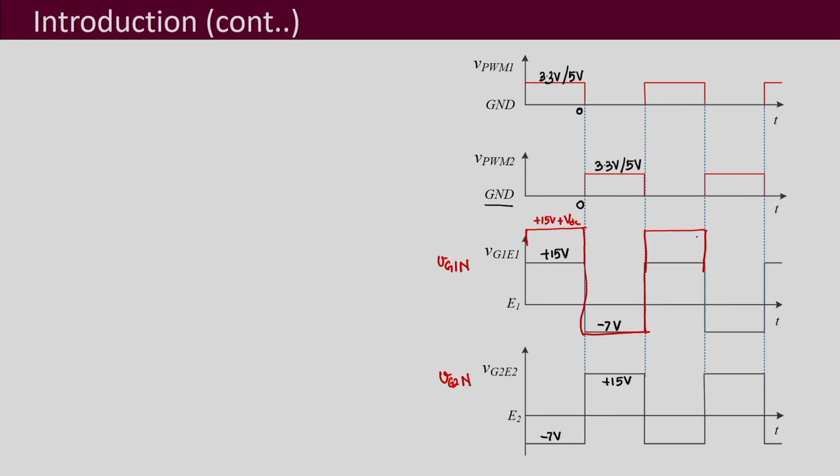So, if your VDC was, let us say, 500 volt, this would have become 515 volt and minus 7 volt.